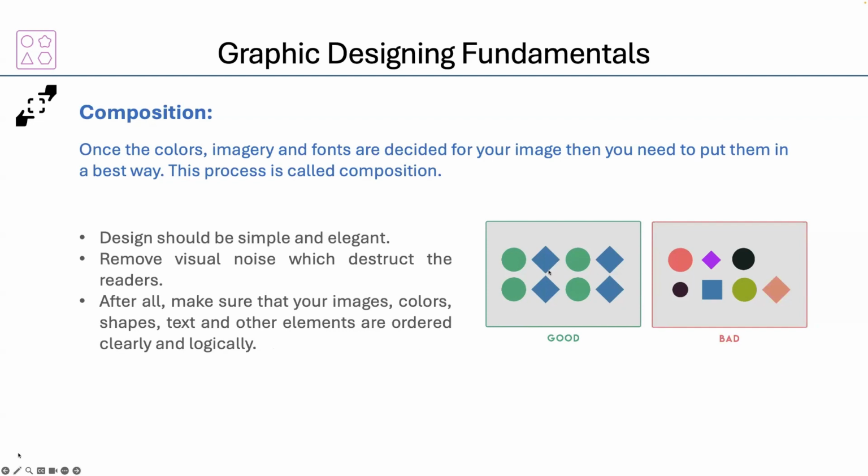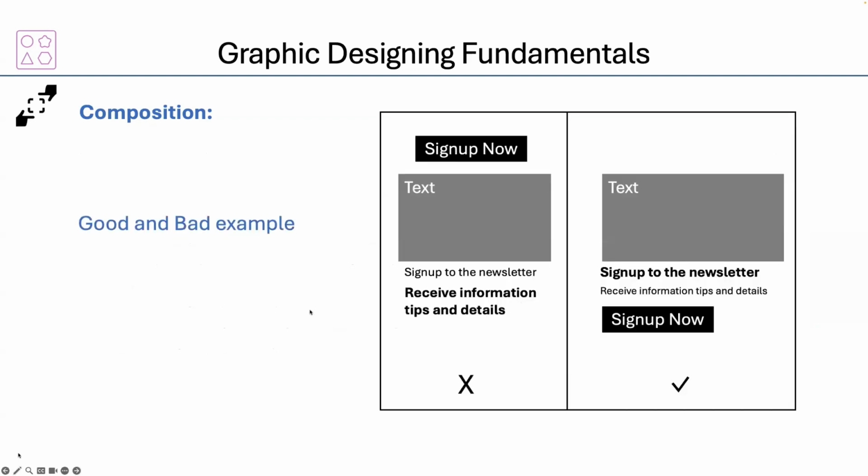But these are just boxes. There could be text and other images, not only shapes, and you have to organize all types of images and text.